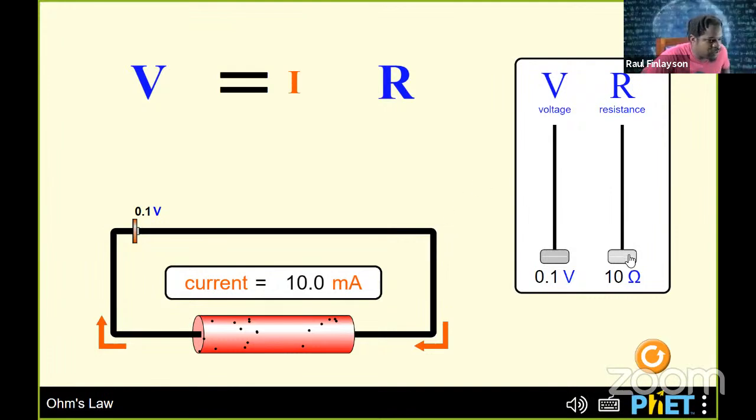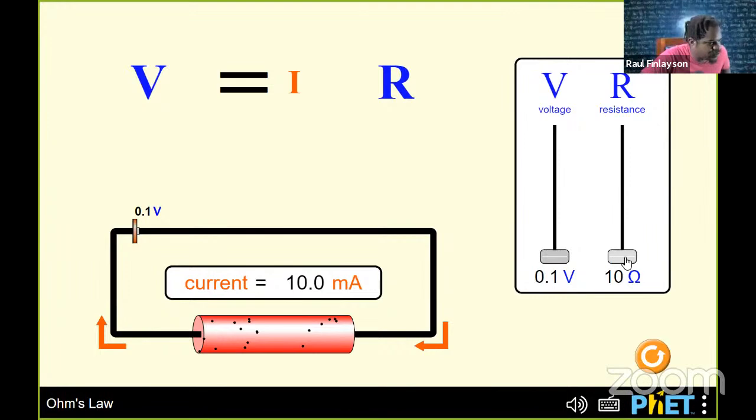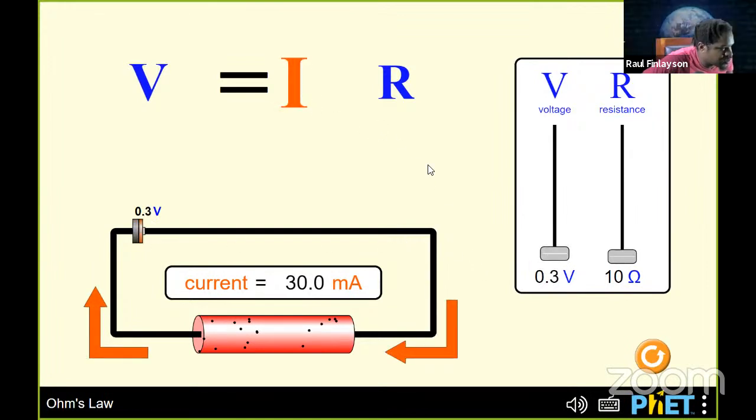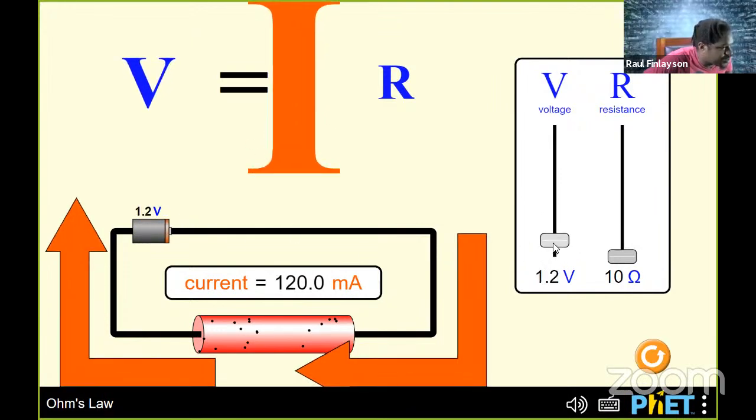The resistance now, I can change the resistance, making the material more resistive. All right. Look at this now. If you notice, there's a circuit shown down here towards the lower left-hand side. We're seeing that there's a battery source here. If I were to increase the voltage, you realize the battery gets bigger.